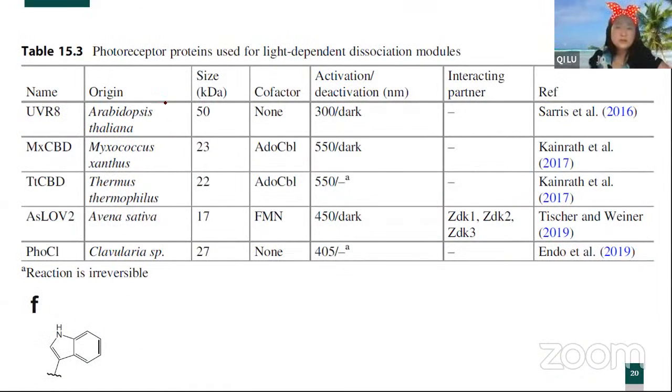And there are also light-dependent dissociation modules. They show up here, and we focus on this one and also this one. With light stimulation, they cause dissociation of the proteins. For UVR8, its chromophore is tryptophan, shown up here.